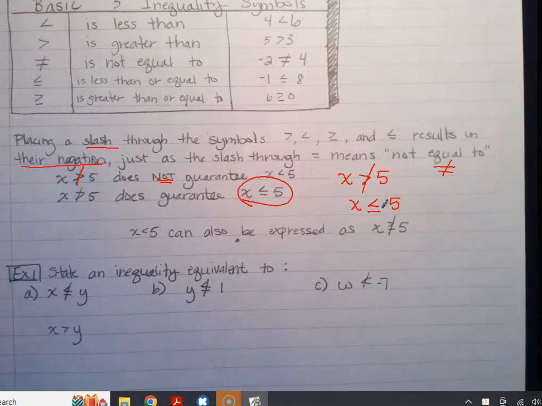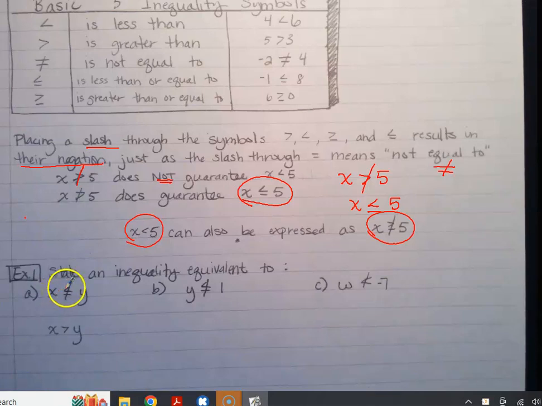All right. So the cool thing is there's 2 ways to express these. X is less than 5 can also be expressed as x is not greater than or equal to 5. So those are 2 different ones, but that's called a negation. So in example 1, we want to state an inequality equivalent to each of these. The first one's done for you.